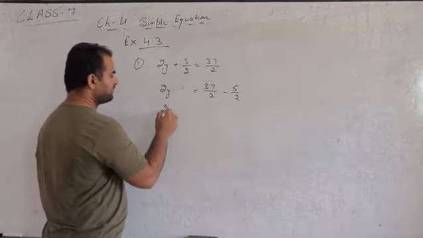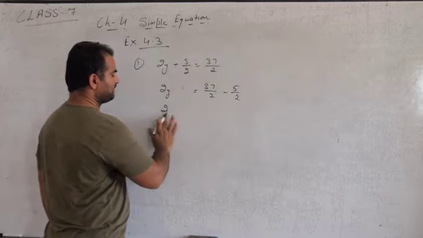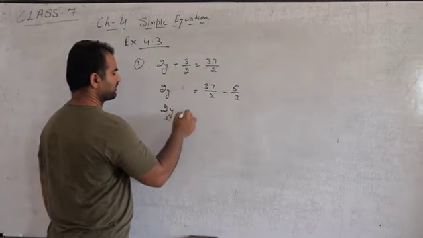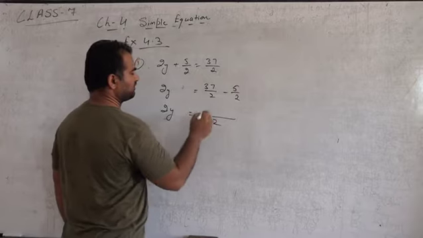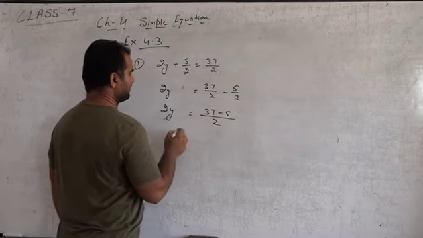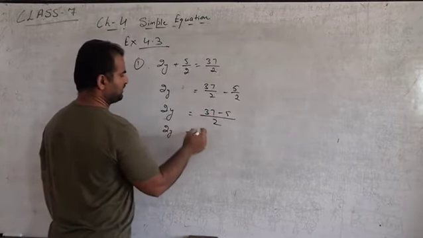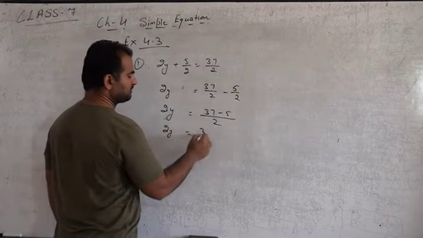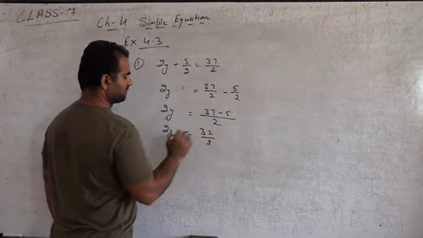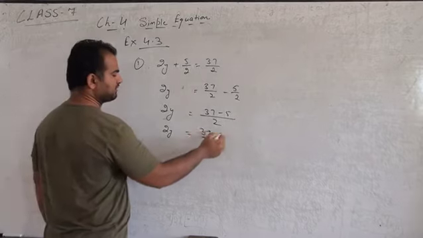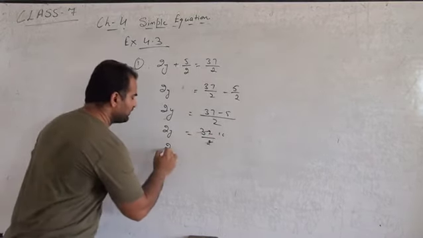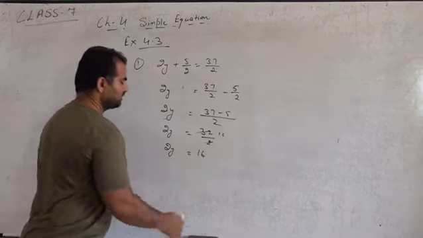So 2y equals 37 minus 5, which is 32 upon 2, and it will be 16. So 2y equals 16.